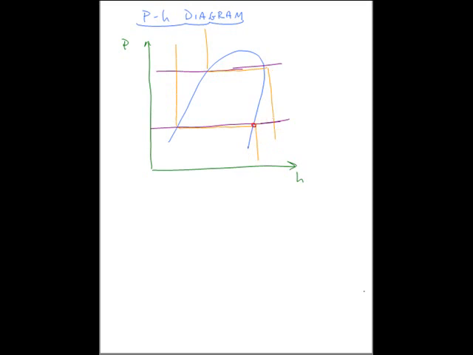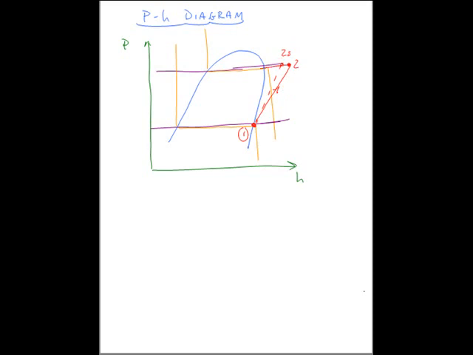This is my saturated vapor line at the low pressure. What we did was we moved up at a line of constant entropy. So this is 1. This was 2s, and 2 was actually to the right of it. So 2 was actually over here. So we moved this way.